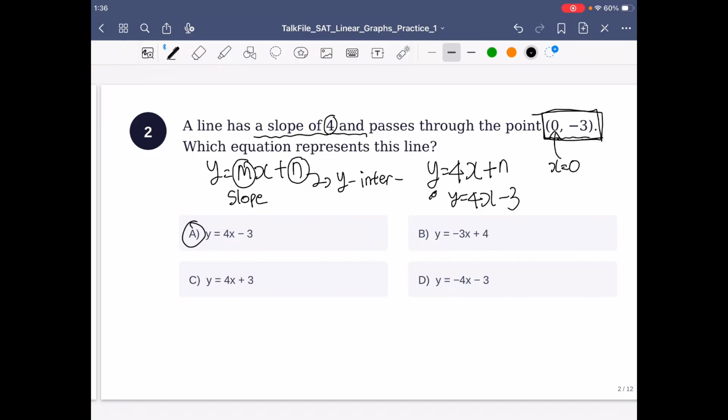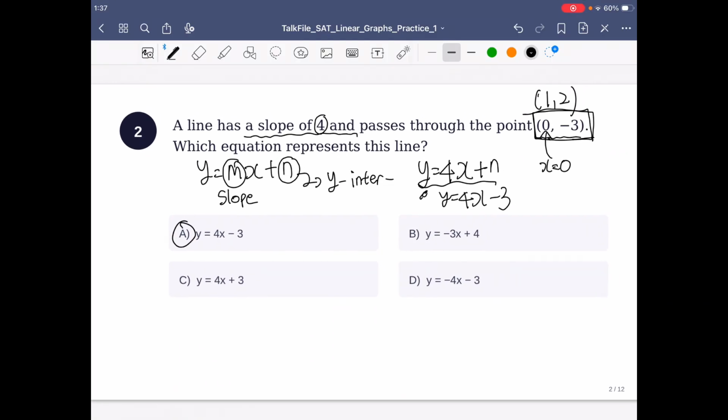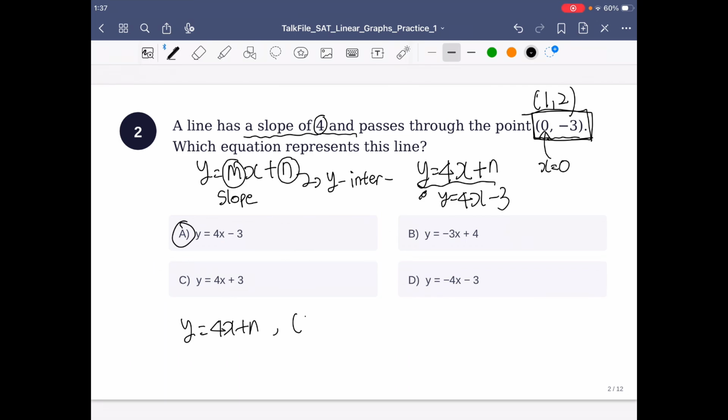But let's assume we are given the slope of 4, but the point was different, let's say (1, 2). Then how do we find the n value? I will write down y equals 4x plus n, and this line passes through (1, 2). Then you can put these coordinates into this equation.